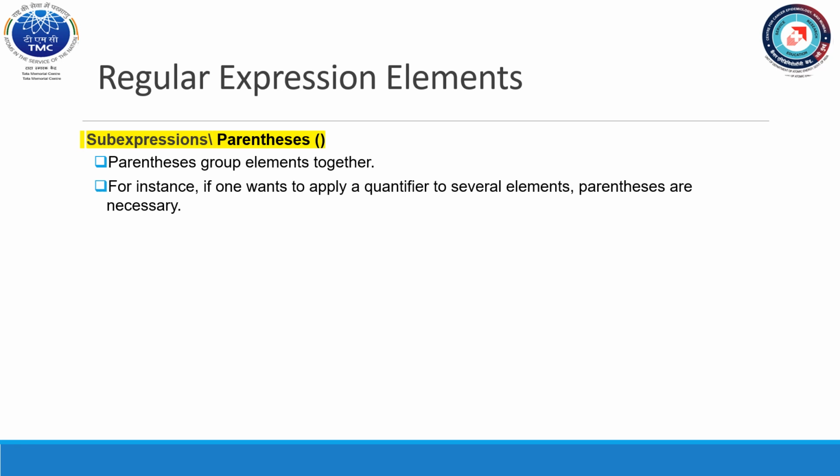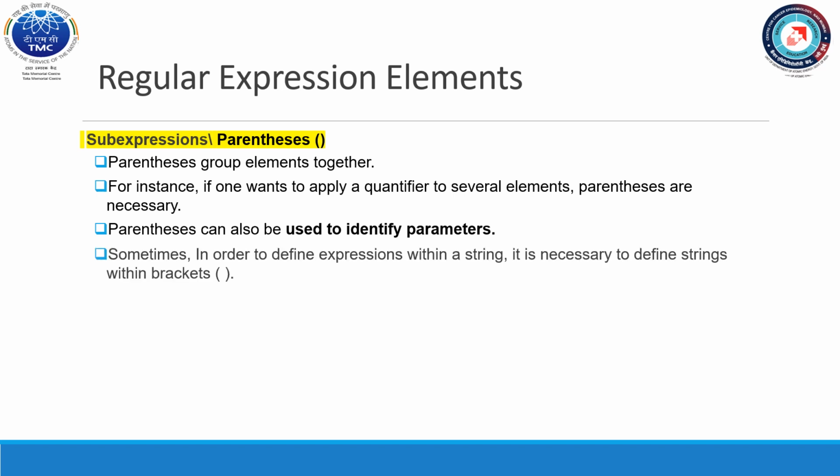Sub-expressions or parentheses. Parentheses group elements together. For instance, if one wants to apply a quantifier to several elements, parentheses are necessary. It can be used to identify parameters. Sometimes, for example, in order to define expressions within a string, it is necessary to define strings within round brackets.